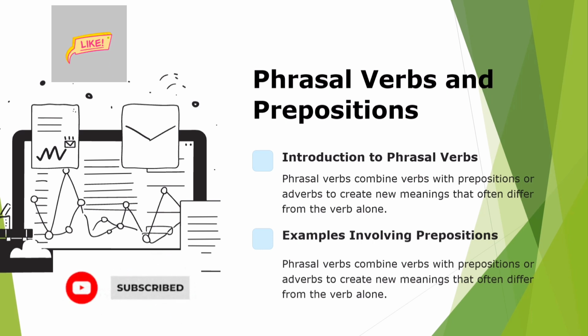Phrasal verbs are phrases made by combining a verb with a preposition or an adverb or both. When they are combined, they often create a new meaning that's different from the original verb alone. In simple words, a phrasal verb is a verb plus a preposition or adverb that together mean something special.